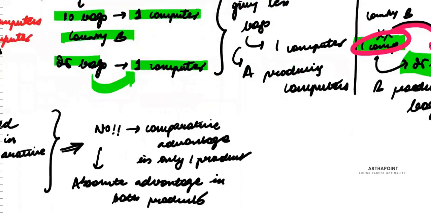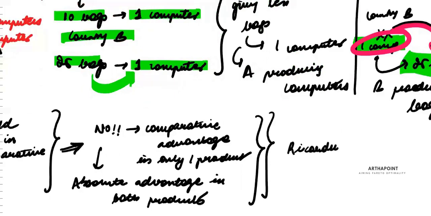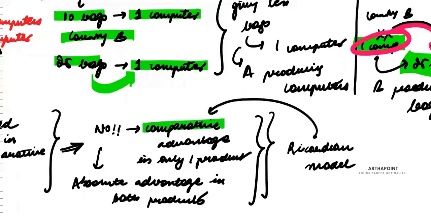We'll talk about this in a while. I'm just beginning with it. My Ricardian model, don't worry if you don't understand now. My Ricardian model is based on comparative advantage.